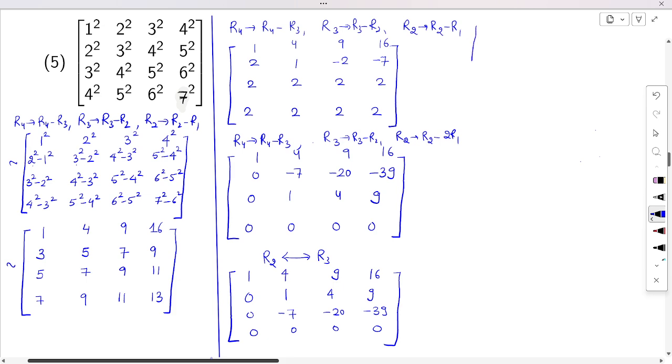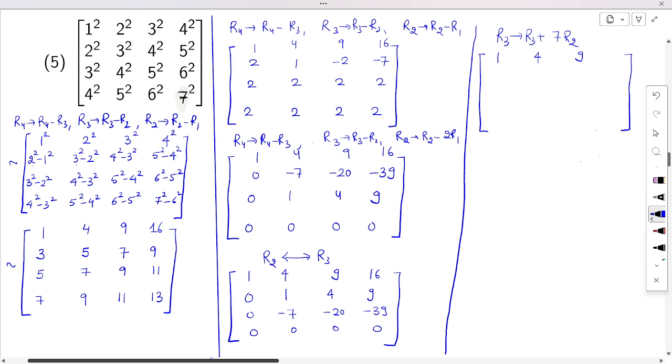Multiply row 2 by 7 and add in row 3. And after applying this operation, we get 1, 4, 9, 16, 0, 1, 4, 9.